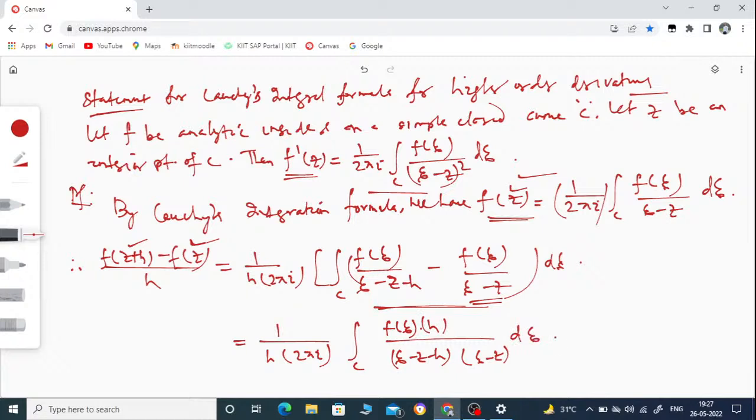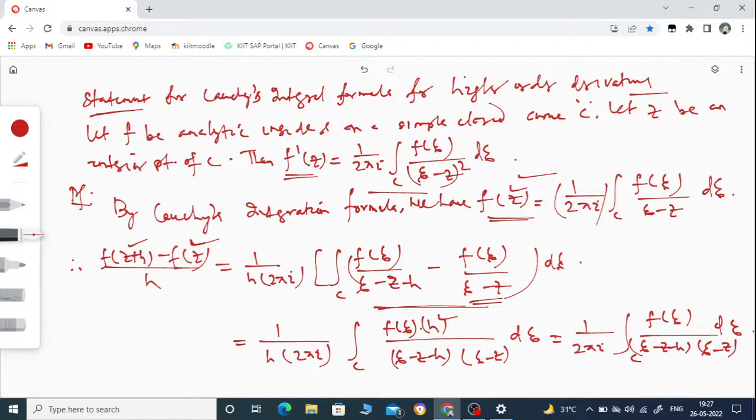You can take this h out of the integration and cancel it with this h. So the next step will be 1 by 2 pi i, integral over C of f of ζ divided by ζ minus z minus h, times ζ minus z, dζ.